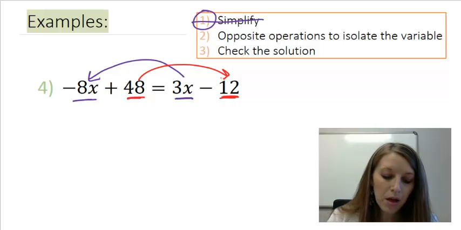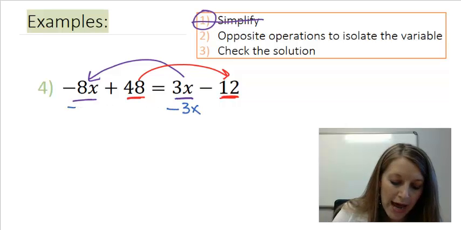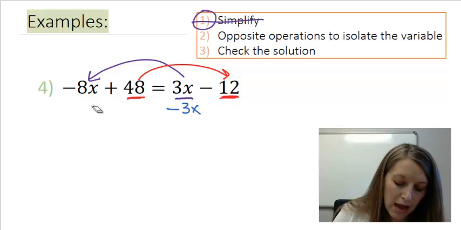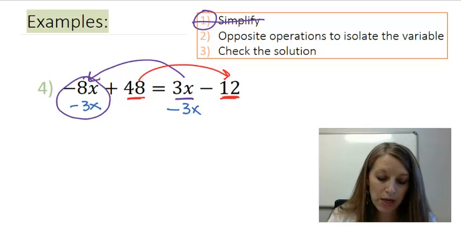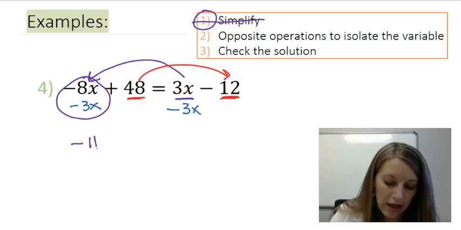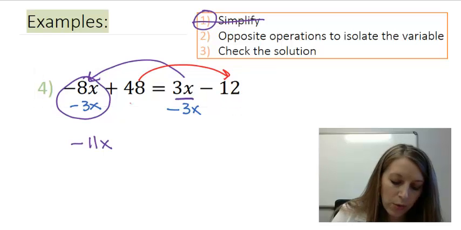So to move my 3x to the left, my opposite operation would be to subtract 3x, and let me get rid of that underline so it doesn't look like division. So negative 8x minus 3x gives you a negative 11x. And to move my 48 to the right, I would subtract 48 from both sides.